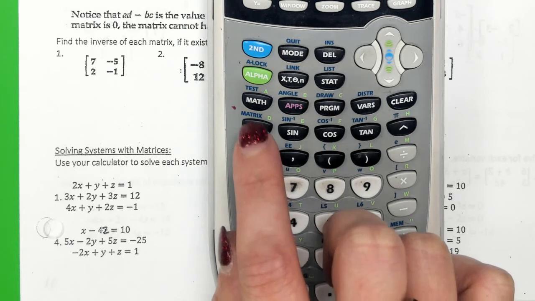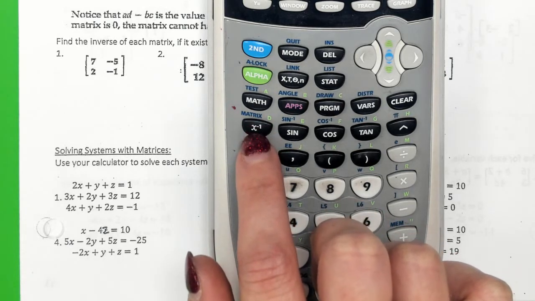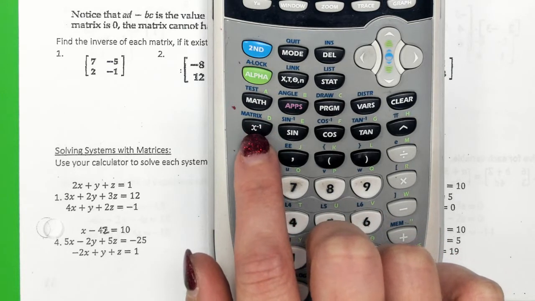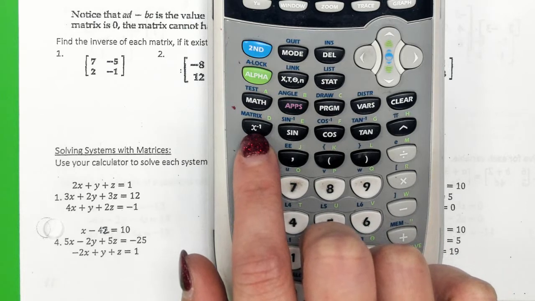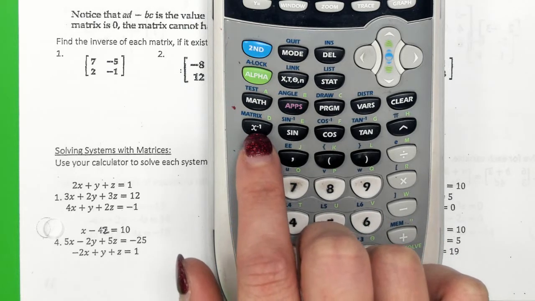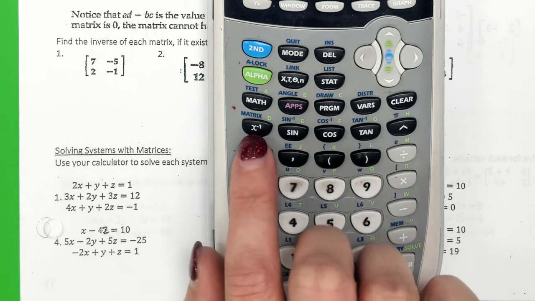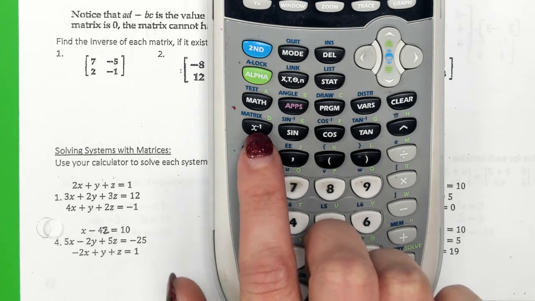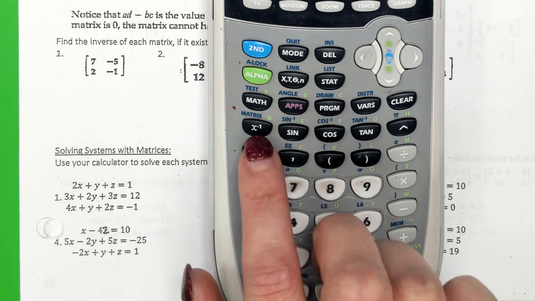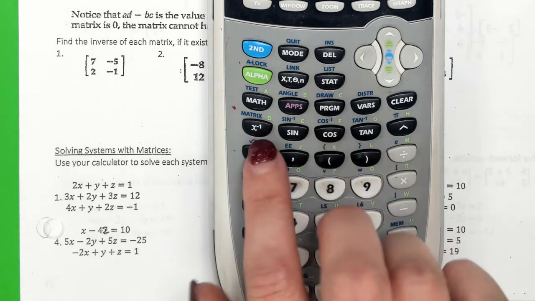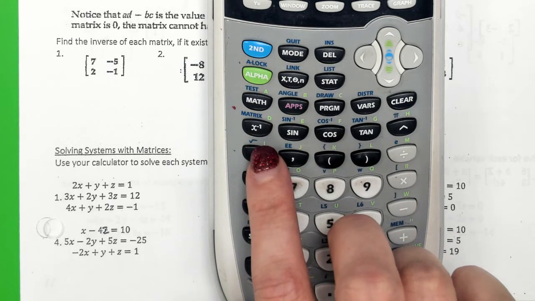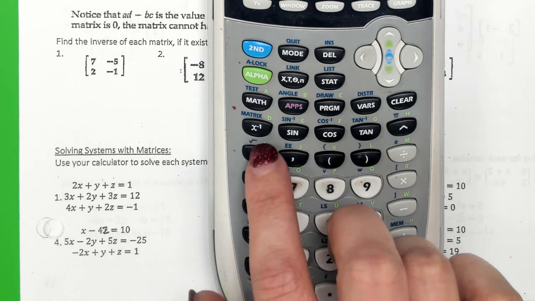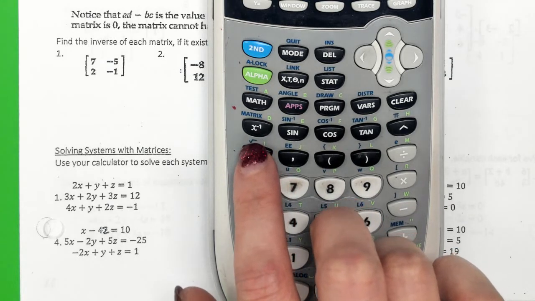What's it look like? X to the negative 1. Very good. So that is the inverse button. You might want to make a note somewhere on your paper that the inverse button is the negative 1 exponent, okay?